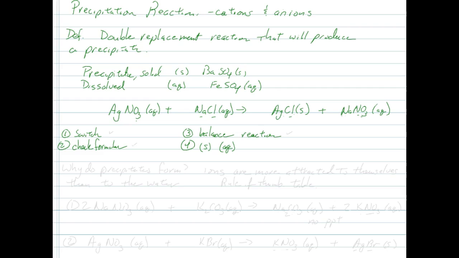Why do precipitates form? Well, the answer is the ions are more attracted to themselves than to the water.